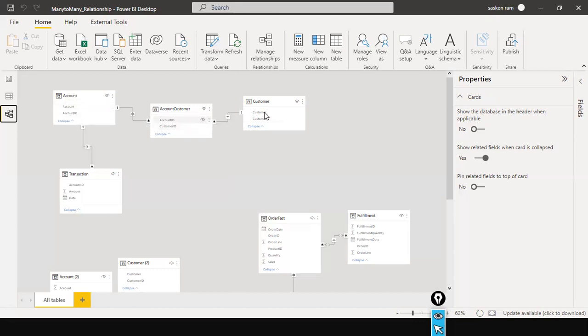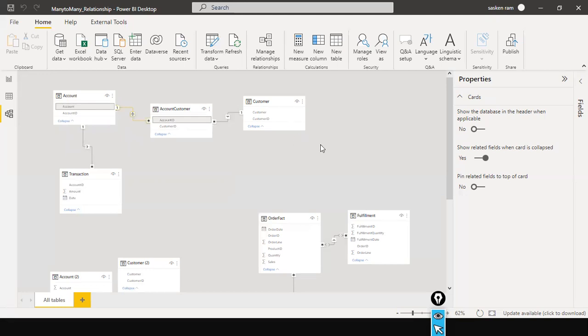This is where you will get confused. The customer table has to navigate via the account customer. Account customer has to navigate the account table. But to get back the balance, this guy has to talk to this guy, isn't it? So hence it requires a bidirectional relationship.